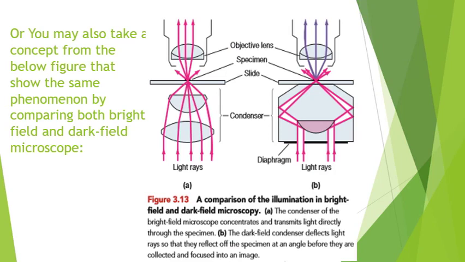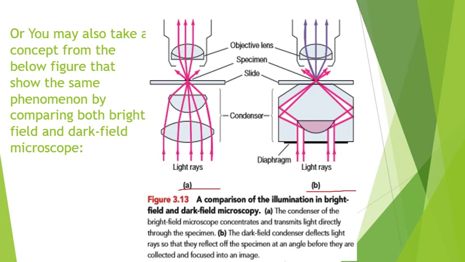So here we have another figure that simply indicates the differentiation between bright field and dark field microscopy. Here A shows bright field microscopy, while B indicates dark field microscopy.